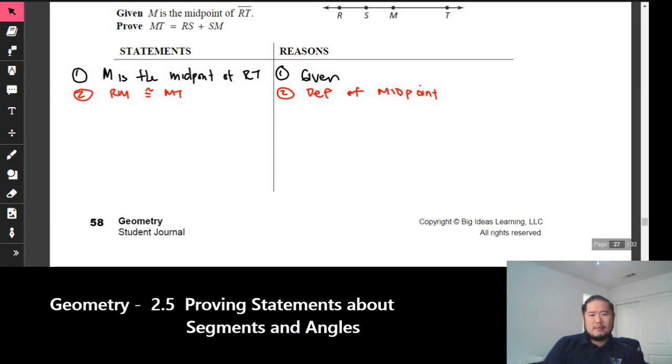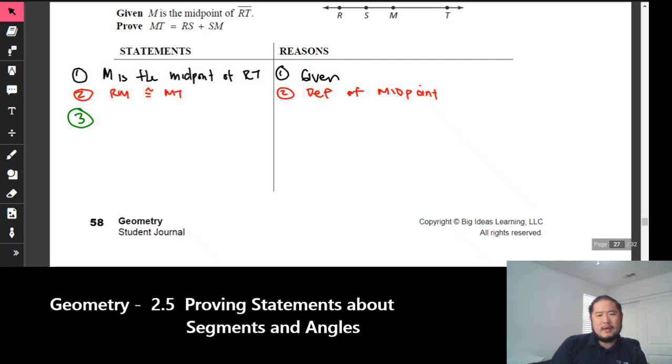Let's see what else we can come up with. Maybe I'll look at the diagram. I look at that left-hand side where we have points R, S, and M. Something can be said about that. And think about what we're trying to prove. We're trying to prove that if I add some segments together, it's supposed to equal M to T. So how about this?